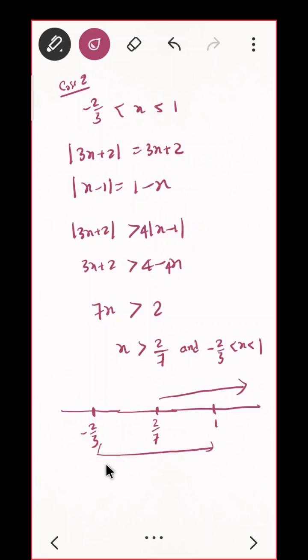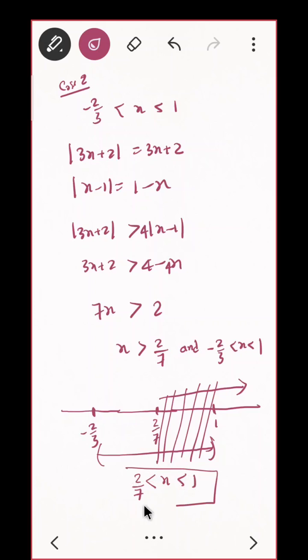Correct? Something like that. So what is the common region? Do you agree? So what is the answer? Can somebody tell me? X is lying between 2 by 7 and 1. This is your final answer. Is that clear?